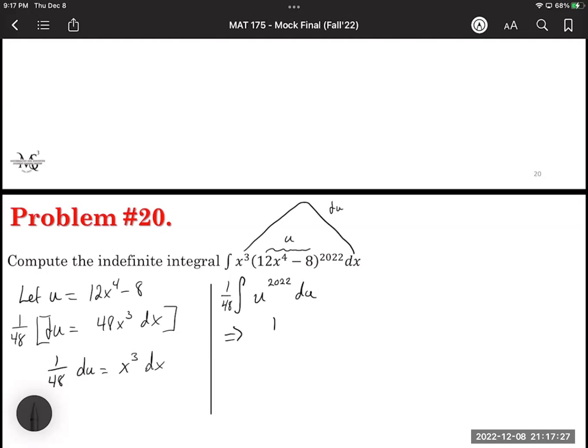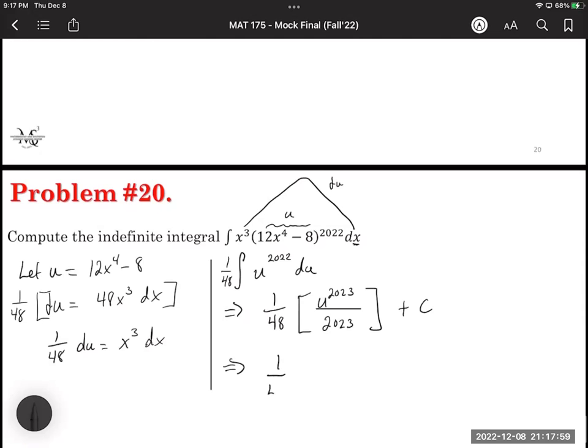Now you can integrate this. u to the power of 2022 becomes u to the power of 2023 divided by 2023, plus the arbitrary constant c. Because you were originally finding the indefinite integral in terms of the variable x, you replace the u with what you defined it as originally.